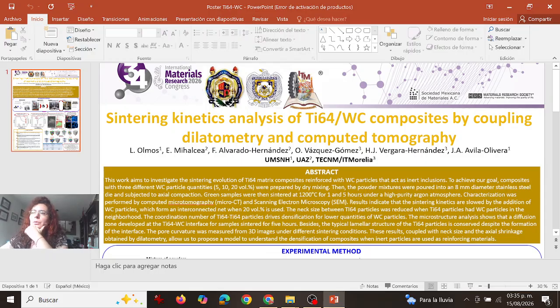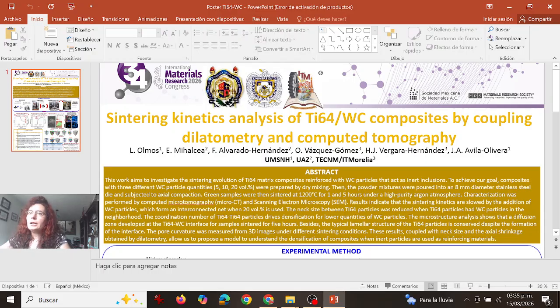Then the powder mixtures were poured into an 8 mm diameter stainless steel die and were subjected to an axial compaction. The green samples were then sintered at a temperature of 1200 degrees Celsius, for 1 and 5 hours, all this under high purity argon atmosphere.